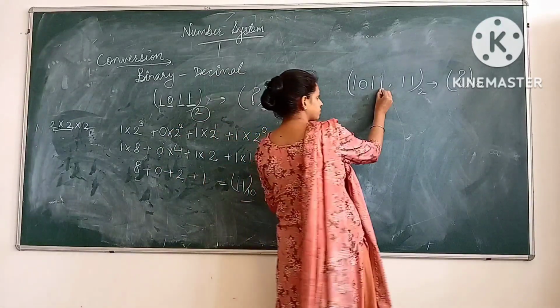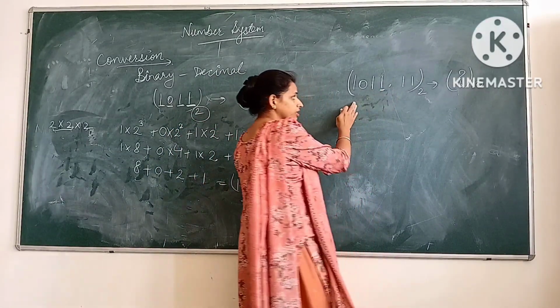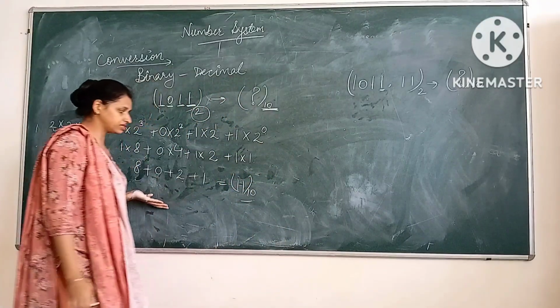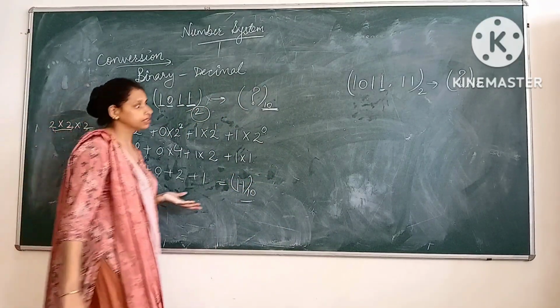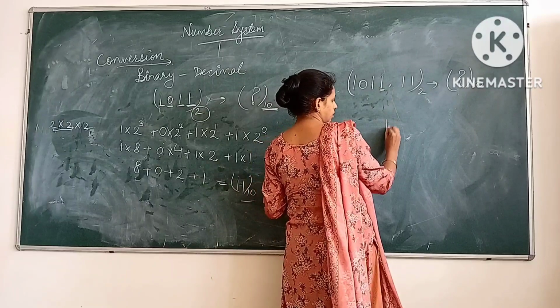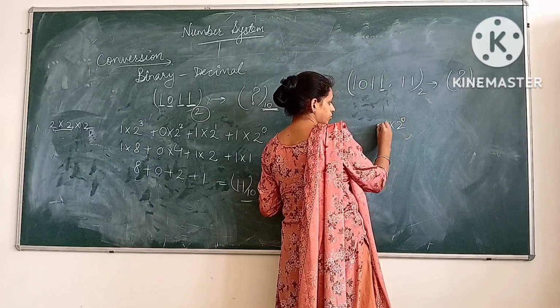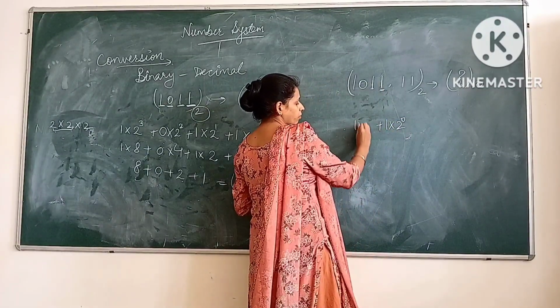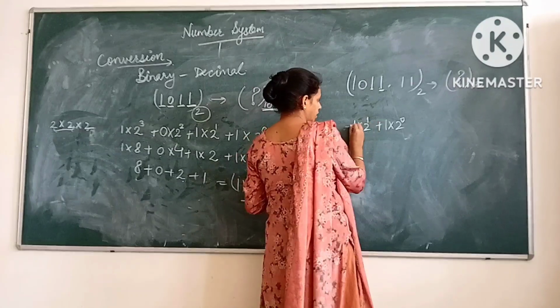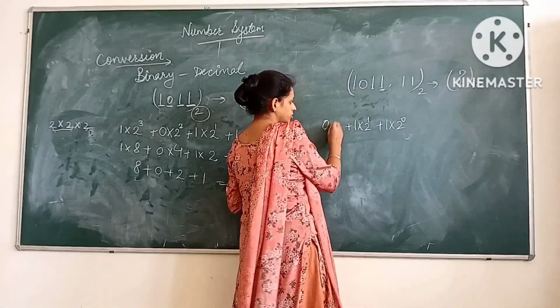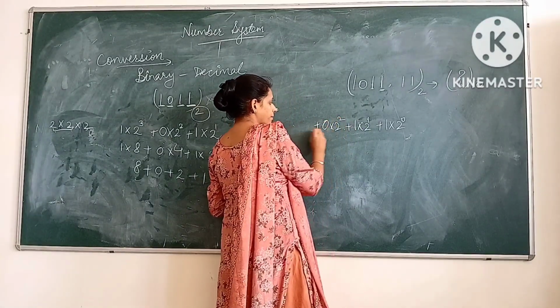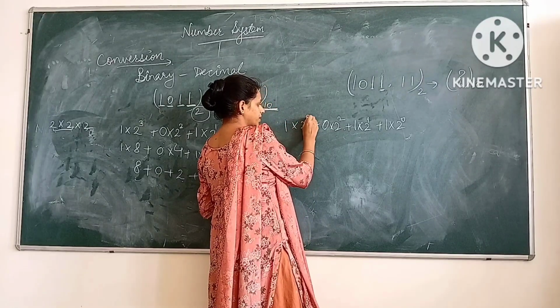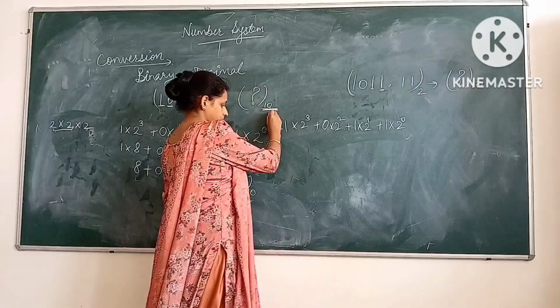Before the point, we have to use the same procedure like this. So 1 into 2 raised to power 0, plus next 1 into 2 raised to power 1, plus 0 into 2 raised to power 2, plus 1 into 2 raised to power 3.